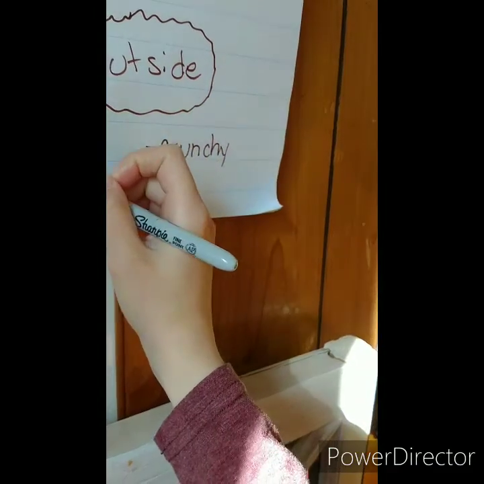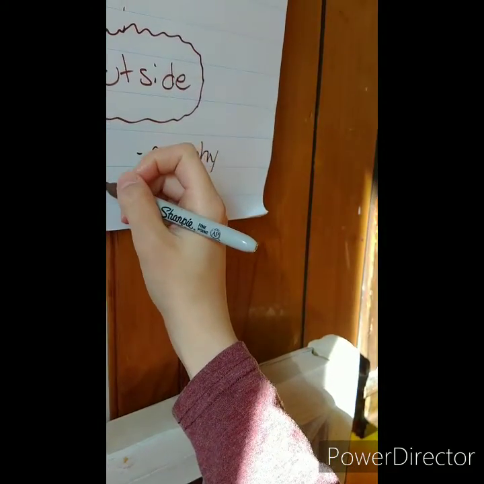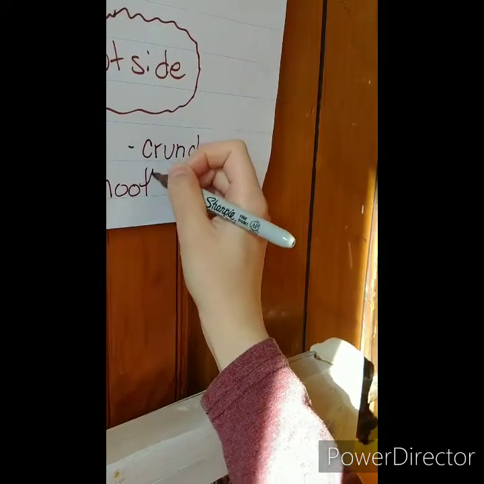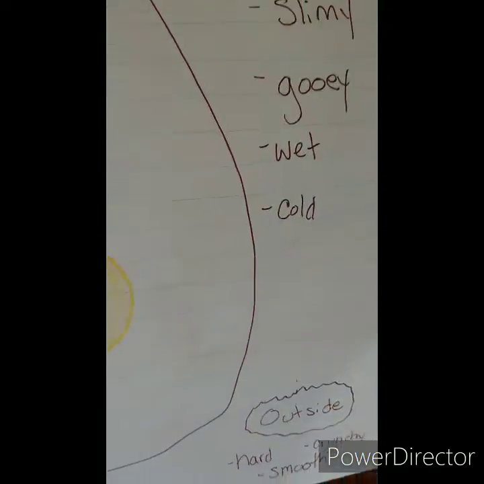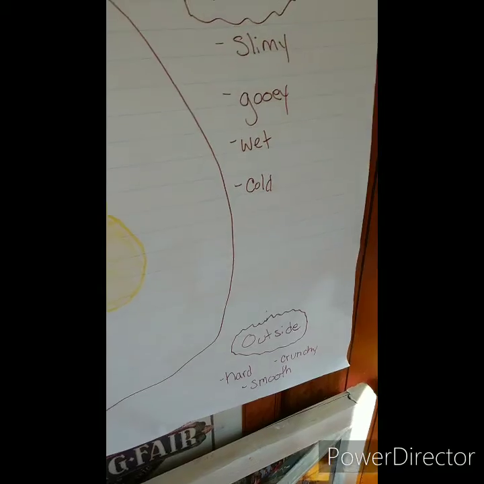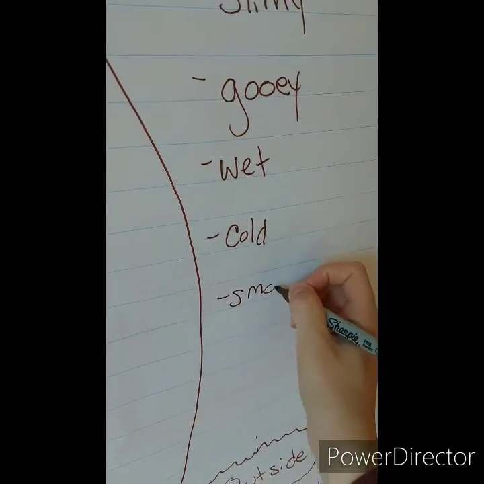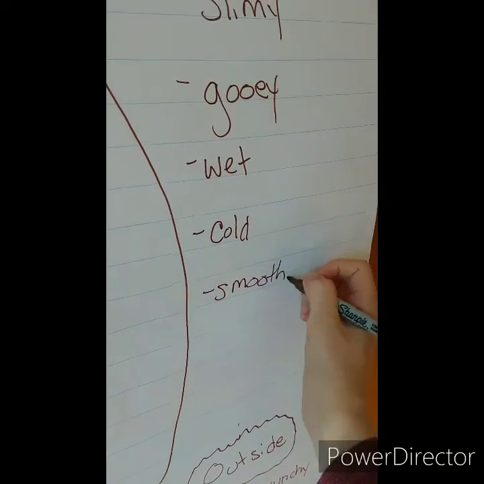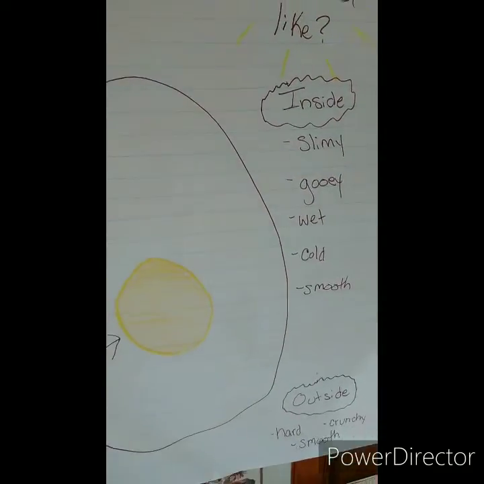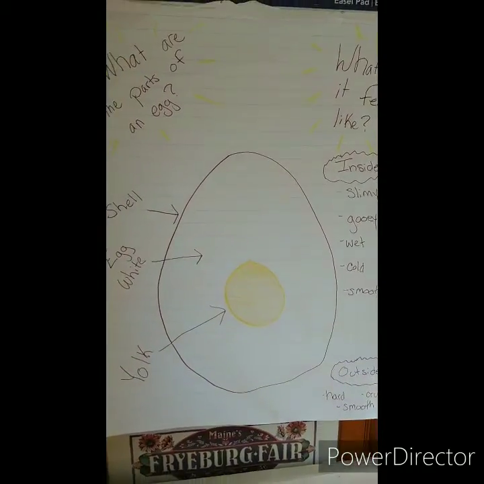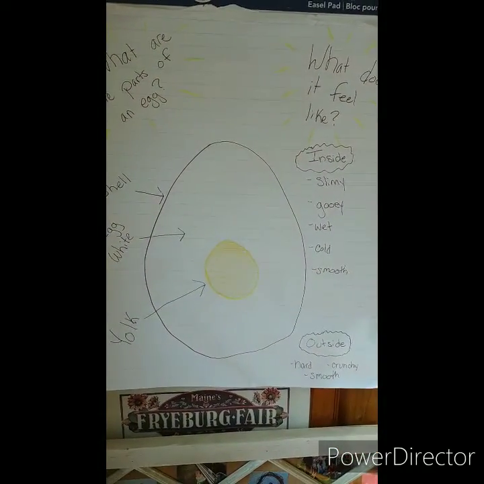That's what the sound of it made when I squished it. And then the shell felt smooth. You know what? We could also probably put the word smooth up here because the egg whites were kind of smooth feeling as well. So there is our chart we have made of the parts of an egg.